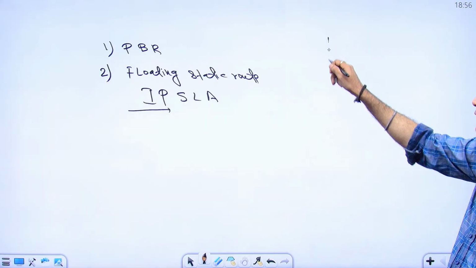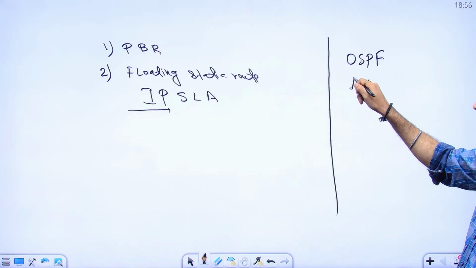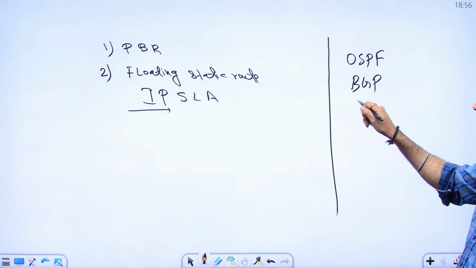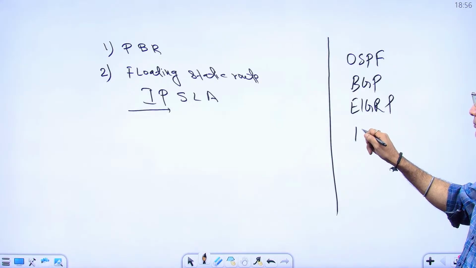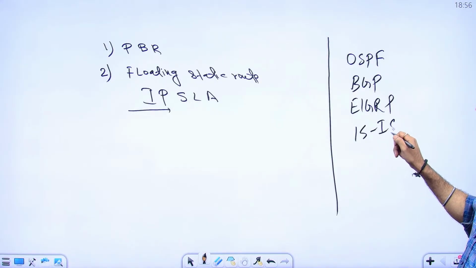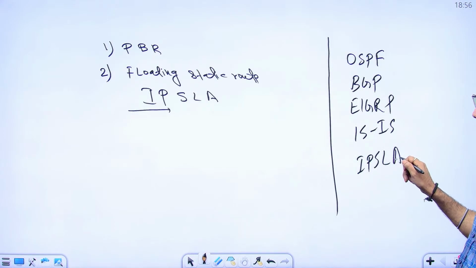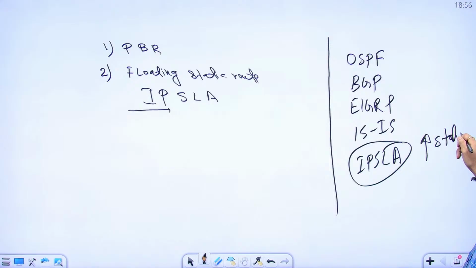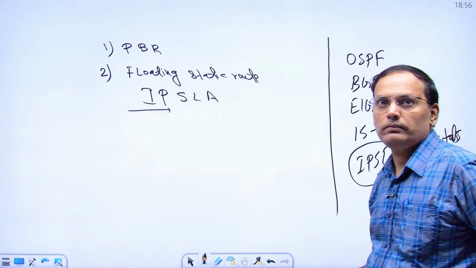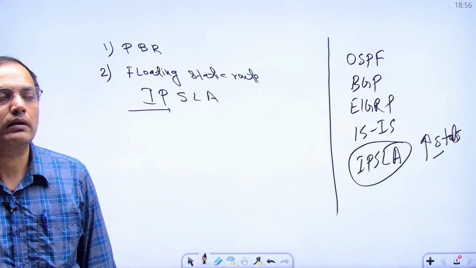Let's say if I have configured OSPF, BGP, EIGRP, or ISIS, I don't require IPSLA. But if I have configured a static route without IPSLA, you will not get failover. So in a static route, IPSLA configuration is required.